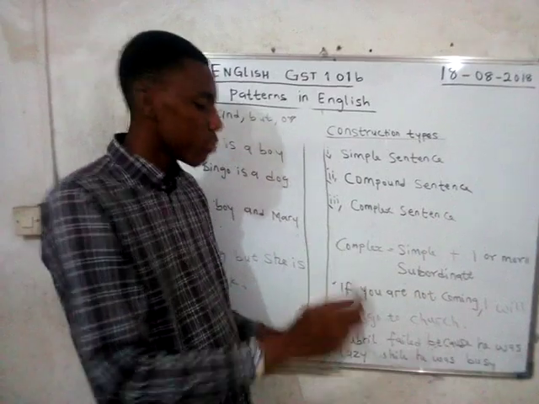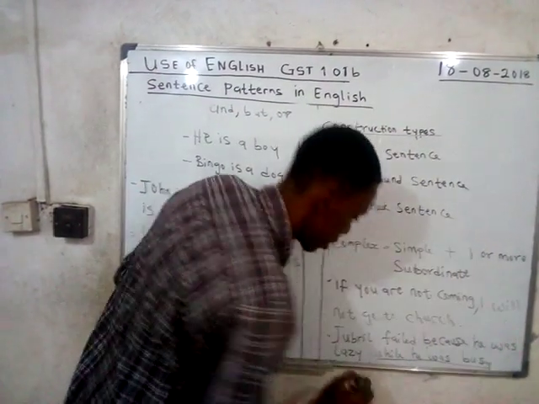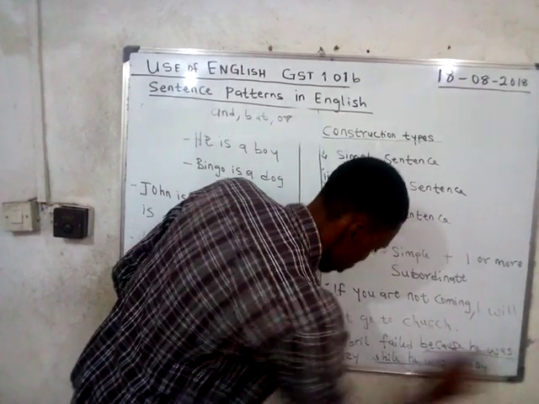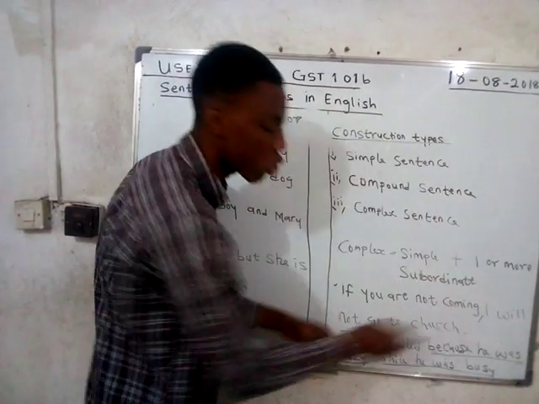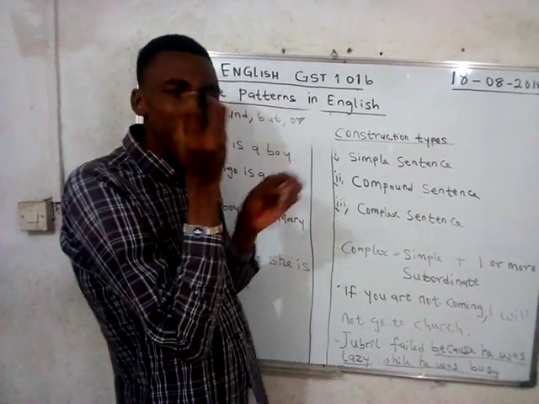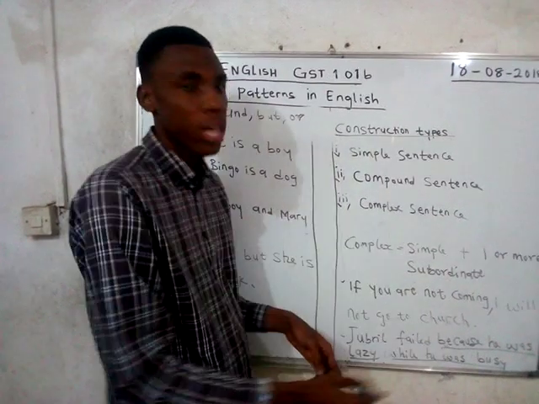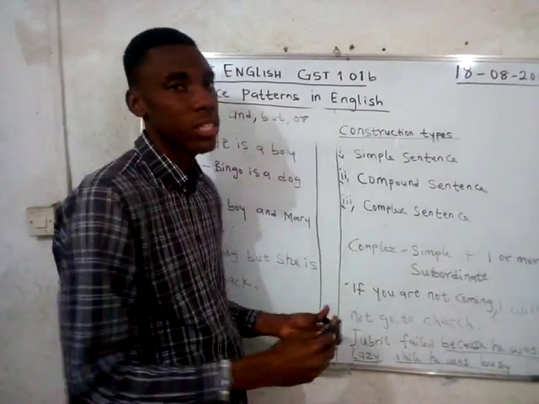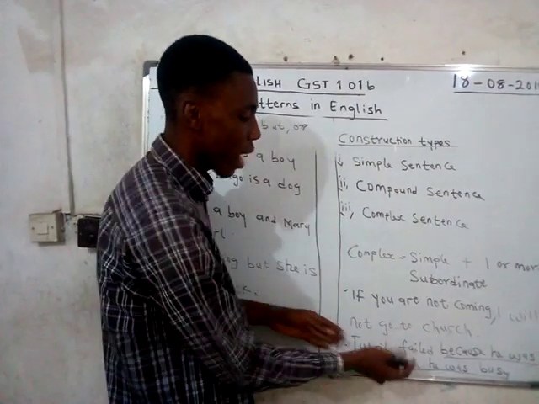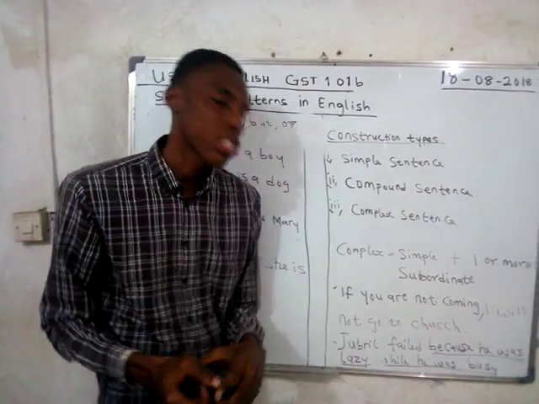The truth is that while he was busy and because he was lazy are both subordinates, expressing a minimum idea, but what makes the idea full is Jubril failed, and this expresses perfect sense. So with this, we have the idea of what a complex sentence is all about.